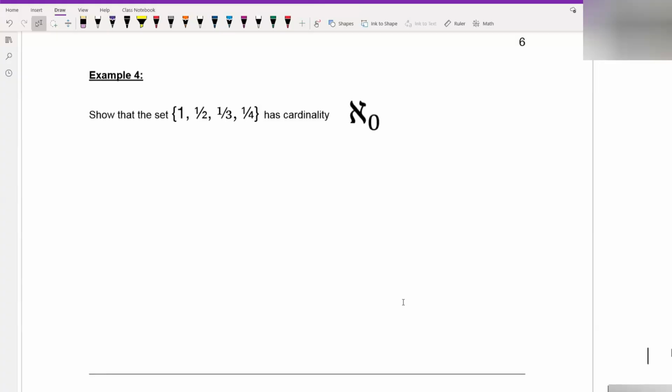Now example number 4, show that the set has cardinality aleph naught. What this one means, we have to find one-to-one correspondence with natural numbers.